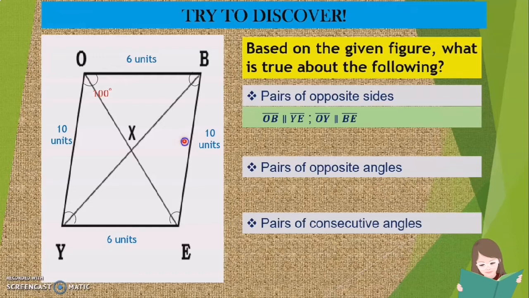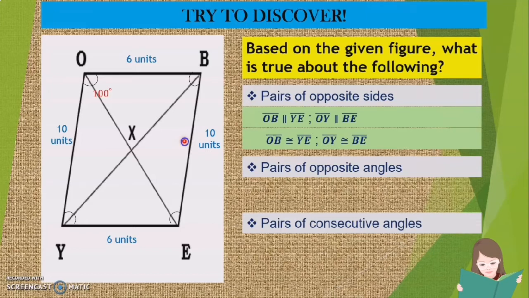We can say then that the pairs of opposite sides of parallelogram OBEY are congruent. And as you can see, we have here two pairs of opposite sides that are congruent in parallelogram OBEY. What about the pairs of opposite angles?